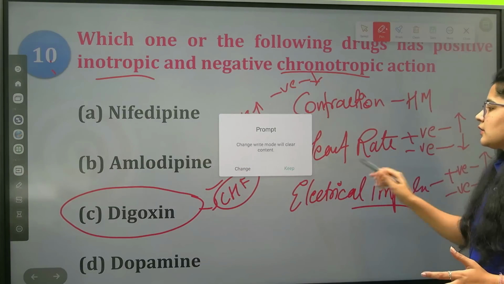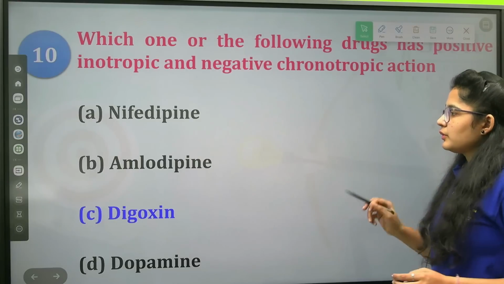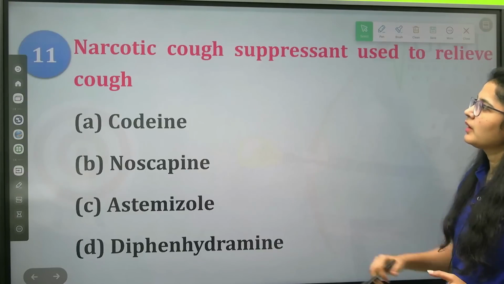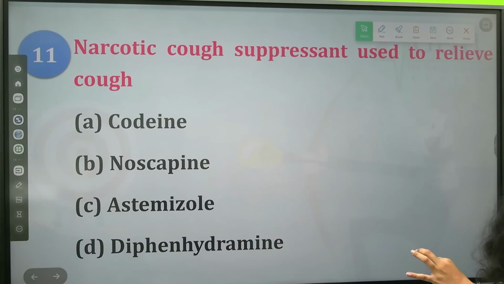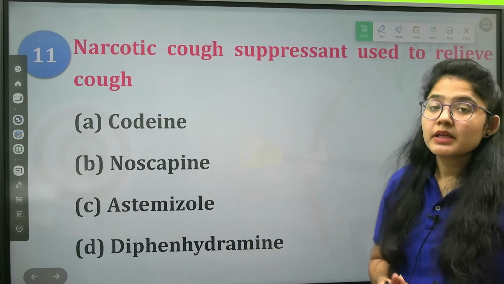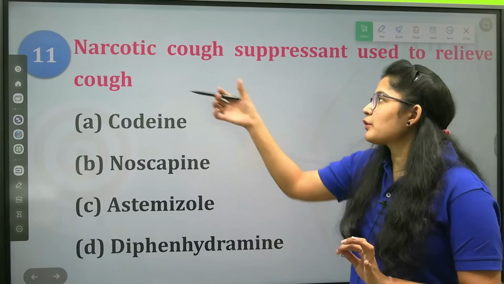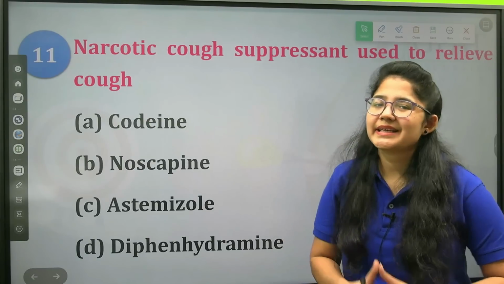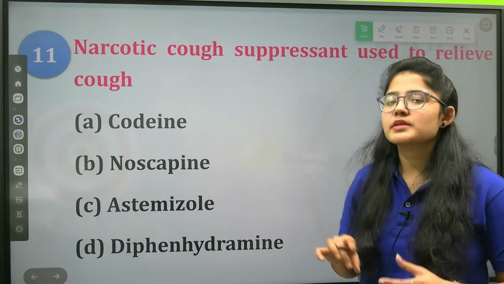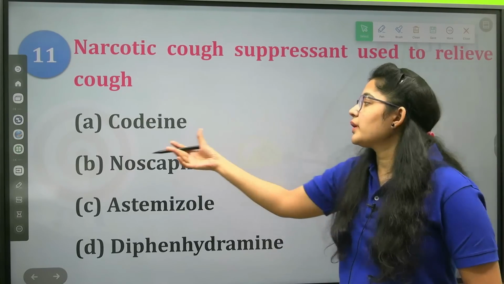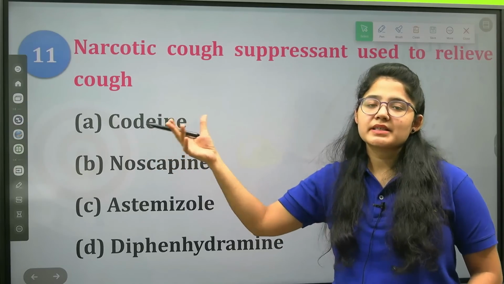Clear? Okay. Now the next question: narcotic cough suppressant used to relieve cough. Narcotic means which causes sedation, which causes sleepiness. So codeine, you are very familiar with this codeine.